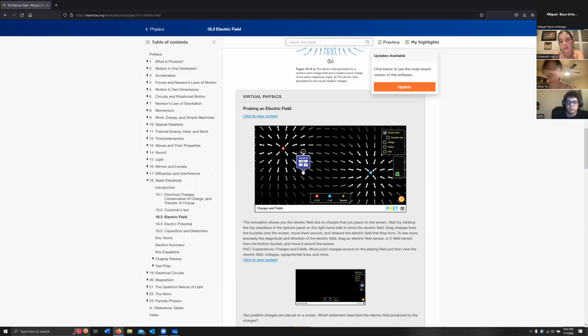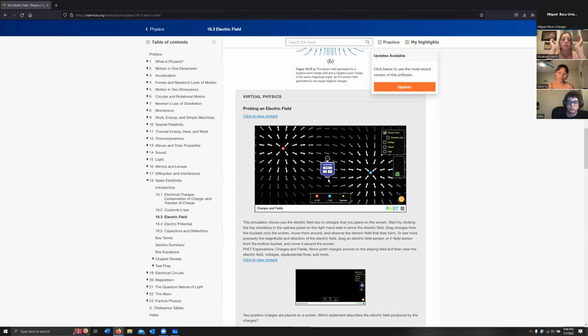I could see it. So voltage strength is getting larger as I get closer to the positive charge. And as I come over here, it gets increasingly negative. So it looks like 0 volts is about here, in the middle.